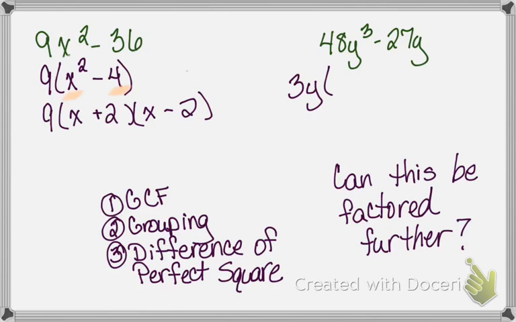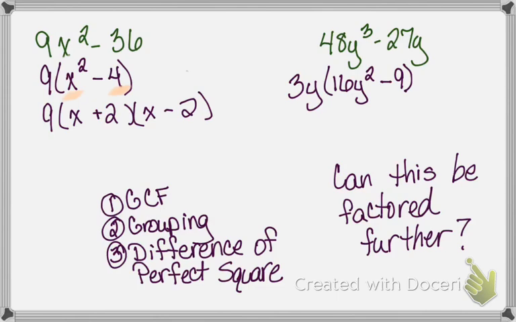Okay, so 3 times 16 gives me 48. Y times y squared gives me y to the third. Then 3 times what gives me negative 27? Negative 9. Y times 1 gives me y.